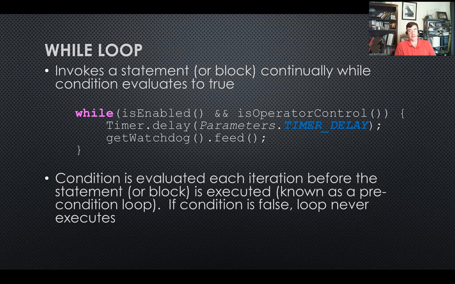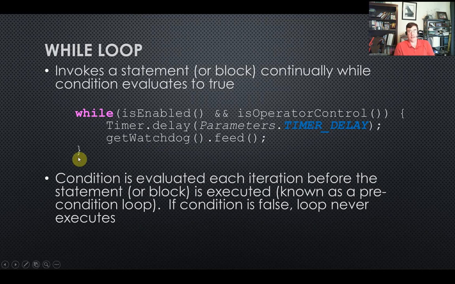So getWatchdog is a method that's invoked, and it has to return an object reference, and then we're going to invoke the feed method on the object that it returns. So this is another way of chaining expressions together to get more complex behavior.